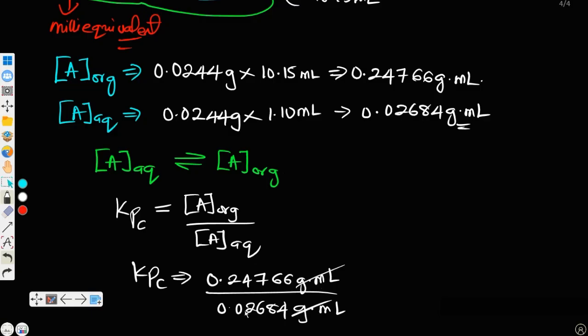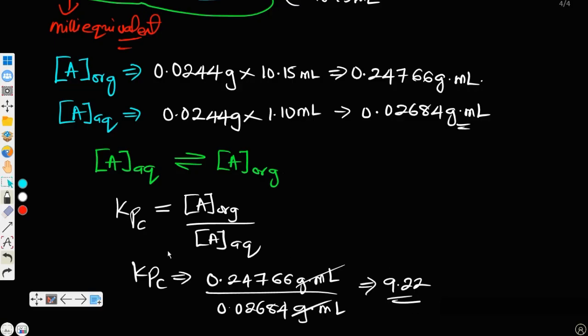When these cancel, what is it going to give us? 0.24766 divided by 0.02684, and this will give us 9.22.